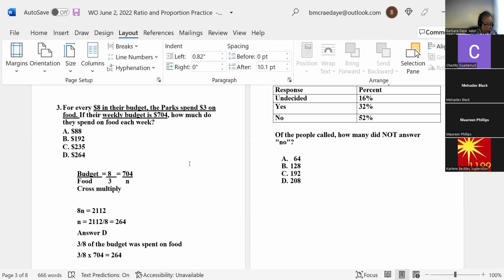You see the numerator blinking, you put the 3. Then you go to that big key and press downward, you get the denominator. You put the 8, right?